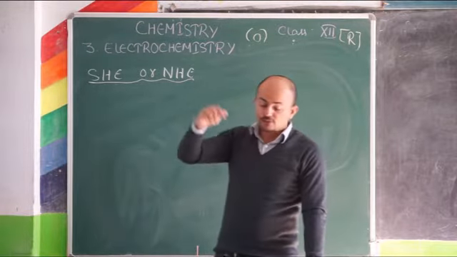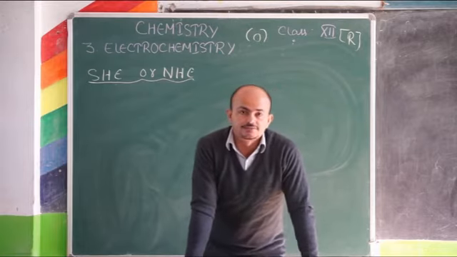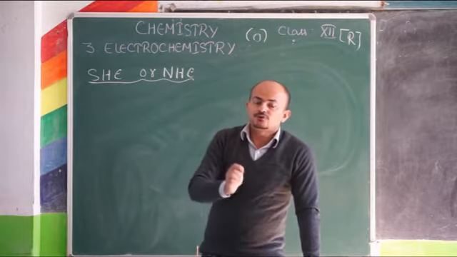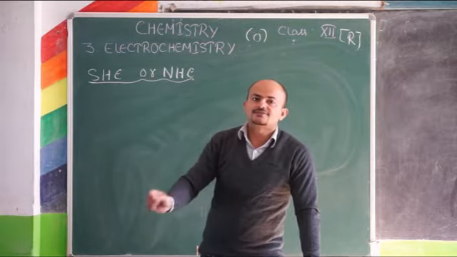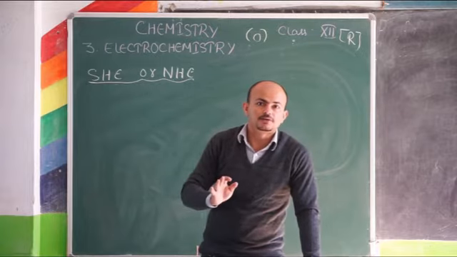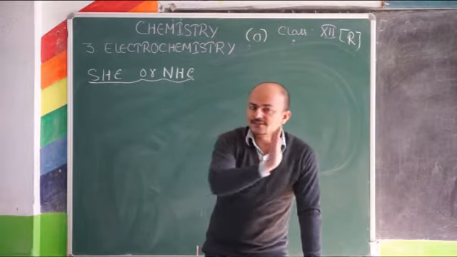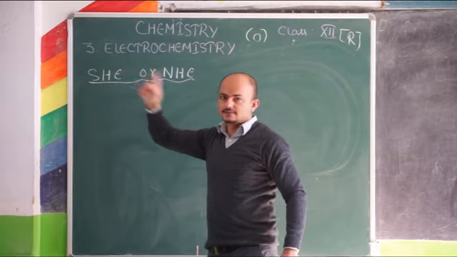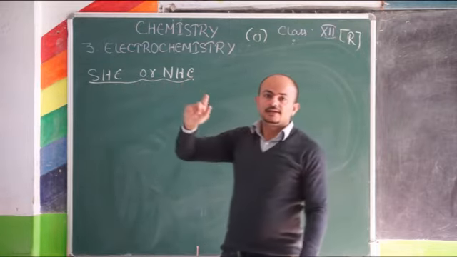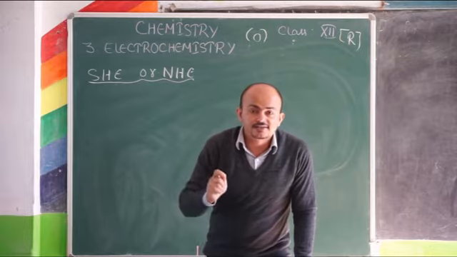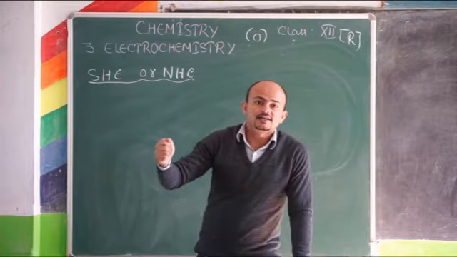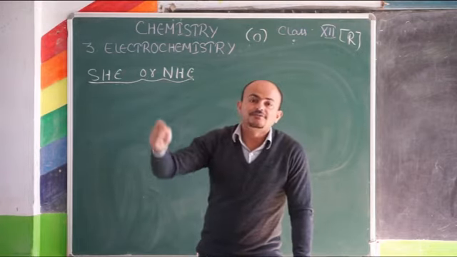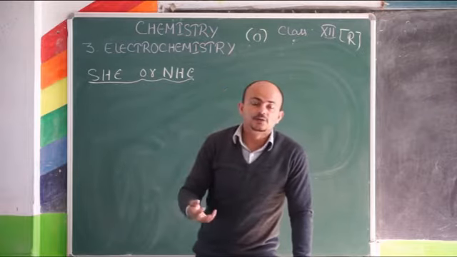Similarly, whenever we come to potential, please listen carefully. Measuring the absolute potential of any single half cell is impossible. So it has to be referred to some standard. Here, SHE, the standard hydrogen electrode. Remember, the normal hydrogen electrode is the standard or reference electrode where the potential of other half cells will be compared.